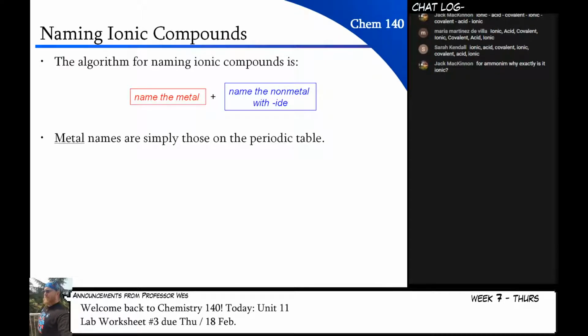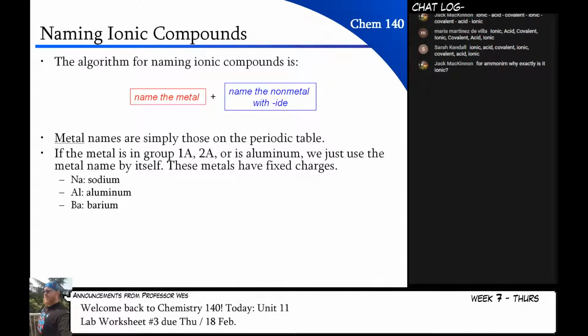So let's talk about the metal first. Metal names come off the periodic table. Now, depending on where the element is on the periodic table, you may have to treat it a little differently. If the metal is in group 1, 2, or is aluminum, that seems oddly specific, but those are the rules that we're going to follow for this class. Elements in the first two columns, or aluminum, you just write the name of the element.